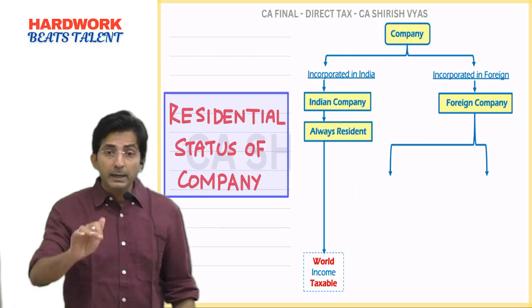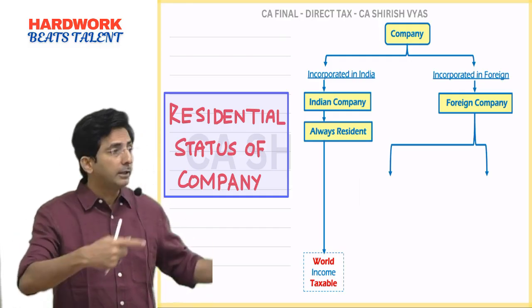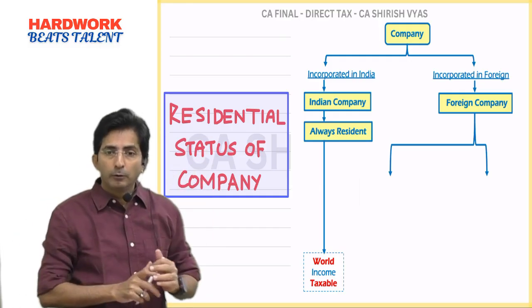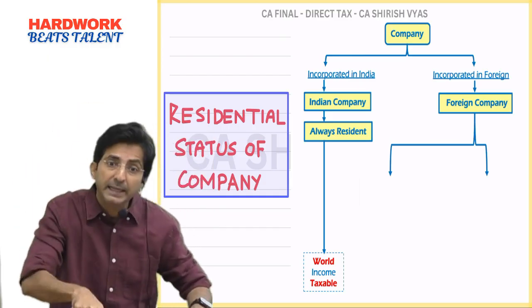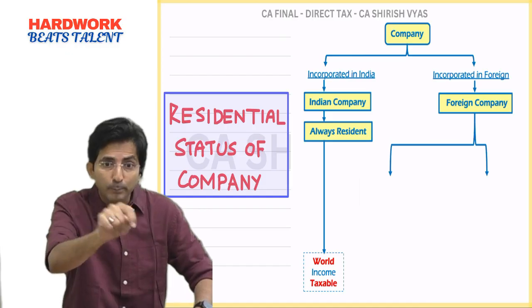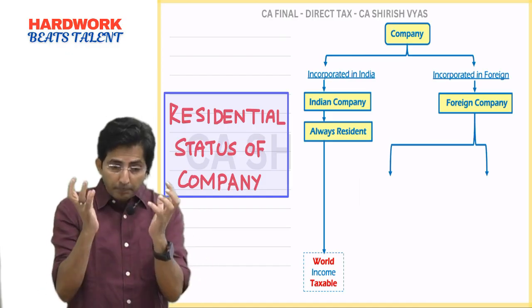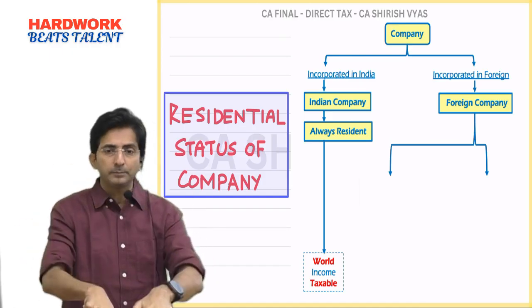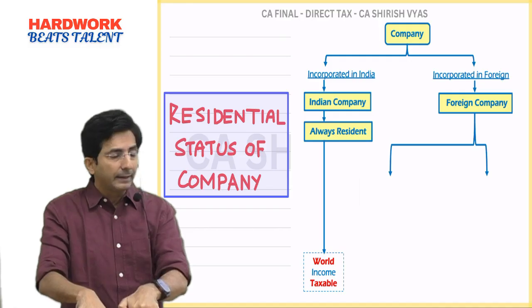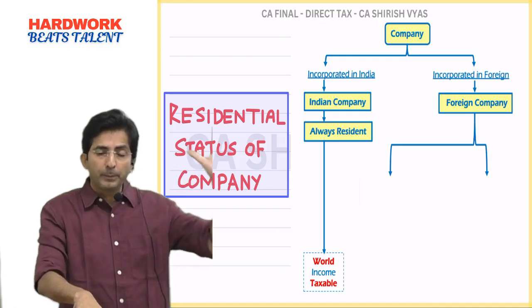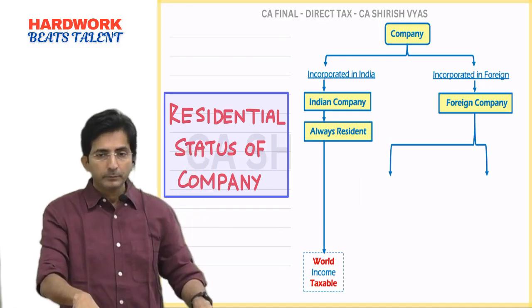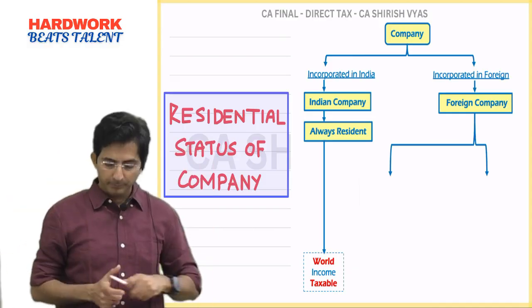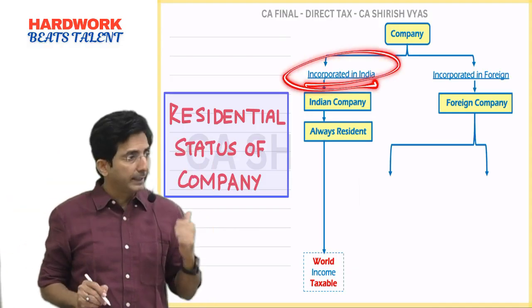Even if that company has all its operations in Dubai, importance is given to incorporation. Once your incorporation is in India, even though you run all your operations in Dubai, you will be resident because of your incorporation in India.